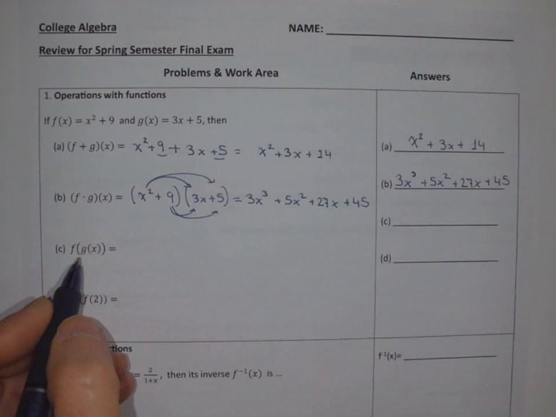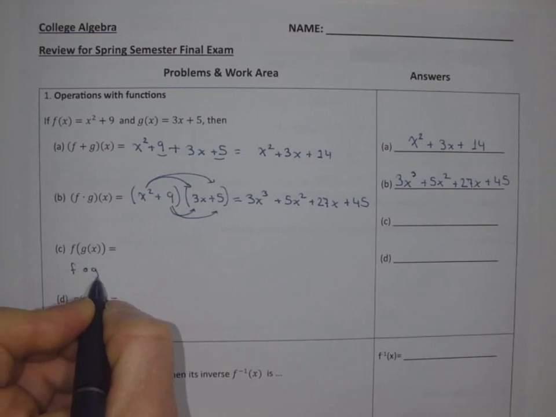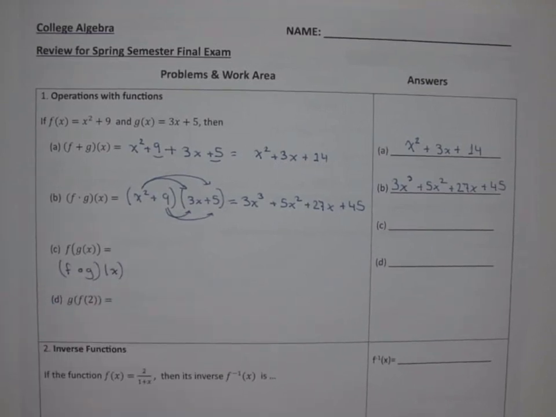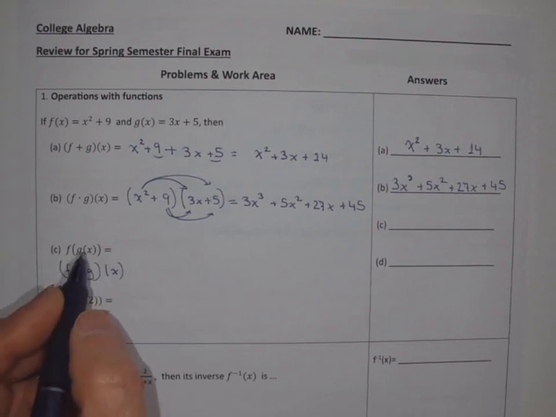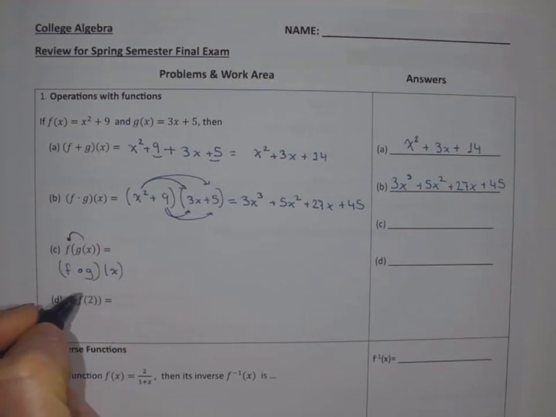For C, this is a composition, right? By the way, this notation is the same thing as f of g when it's written like that, right? Those two mean the same thing, composition. So what we're doing is we take the g function and put it into the f function.